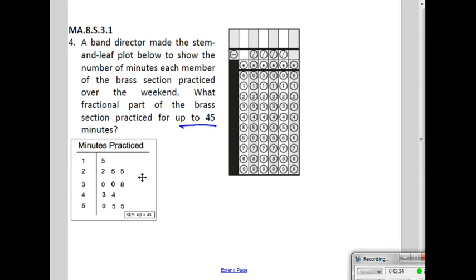They're below 45. So there are 1, 2, 3, 4, 5, 6, 7, 8, 9 numbers that are up to 45 out of another 10, 11, 12. So 9 out of 12 are practicing brass.